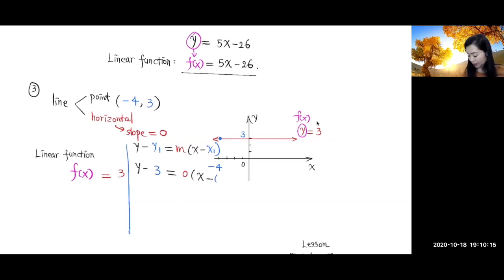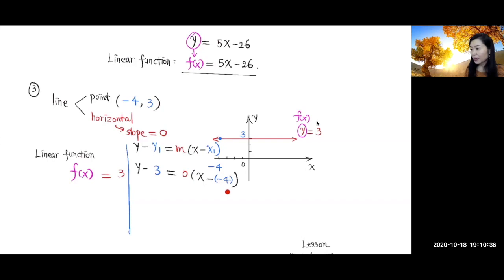Substitute this point and the slope equal to 0 into this point-slope form over here. You get y minus 3 equals 0 times parenthesis x minus -4.